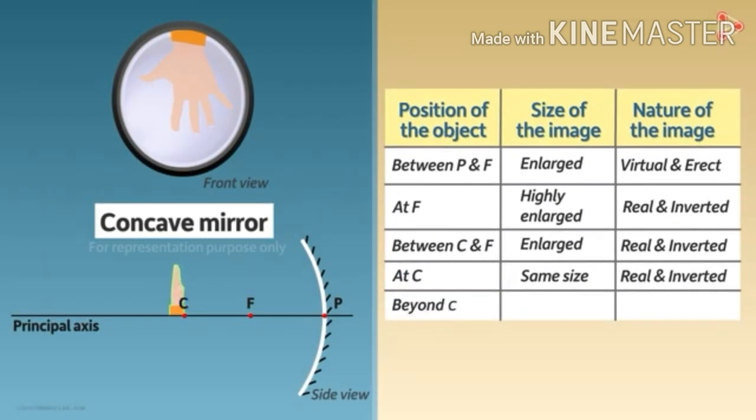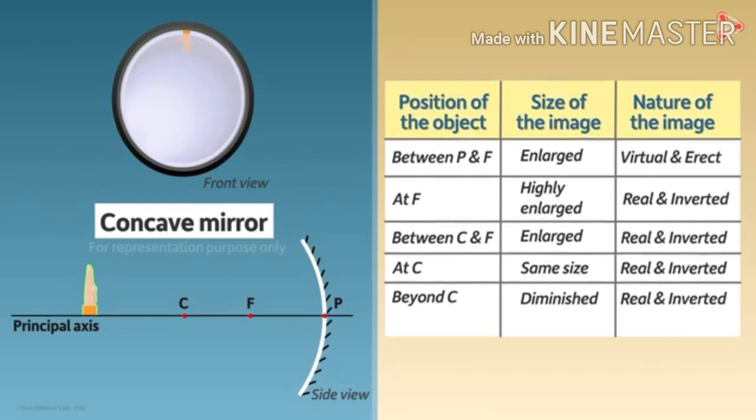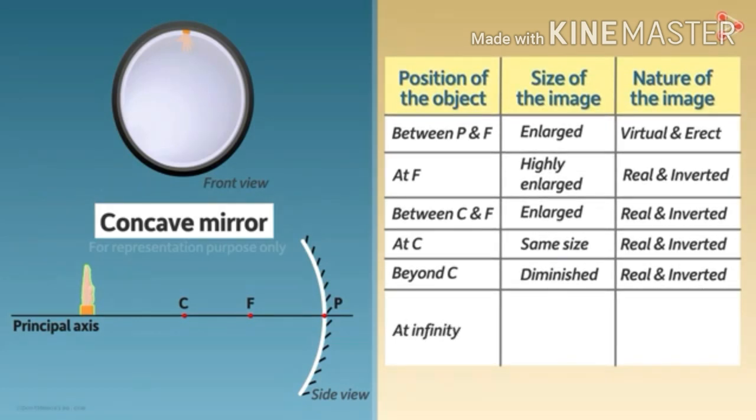Now we keep the object beyond C. The image formed is real and inverted and the size of the image is smaller, said to be diminished, and the image is formed between C and F. Finally, we keep the object at infinity.